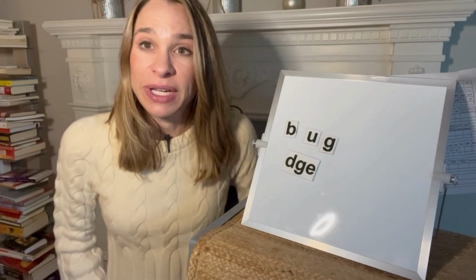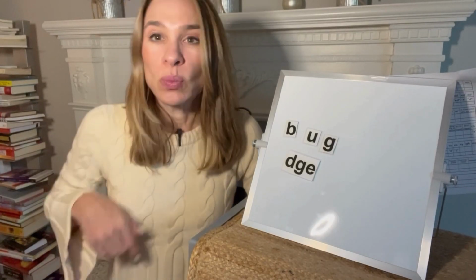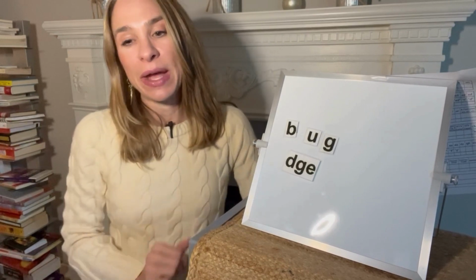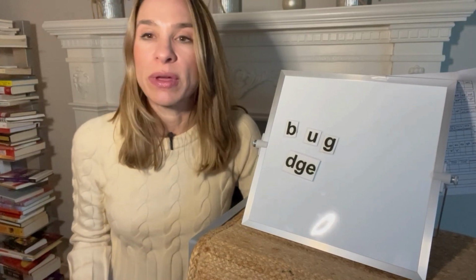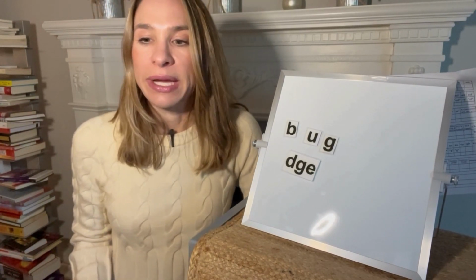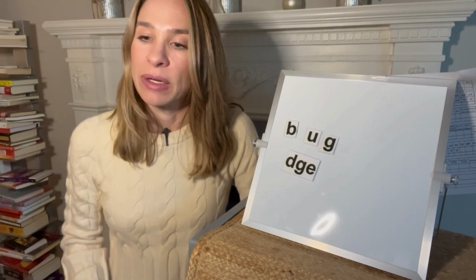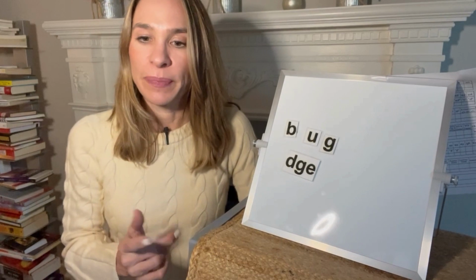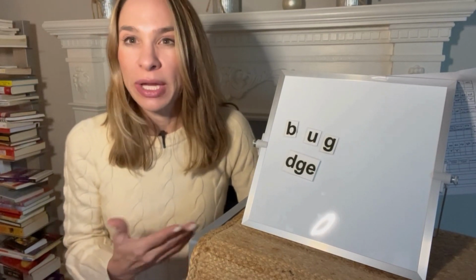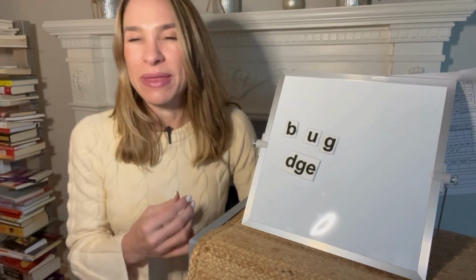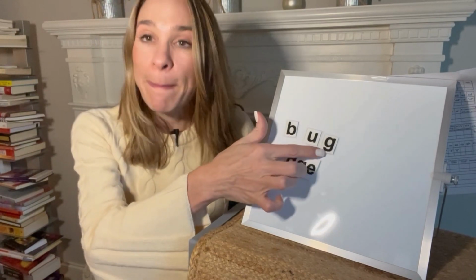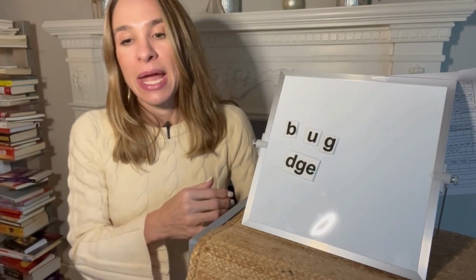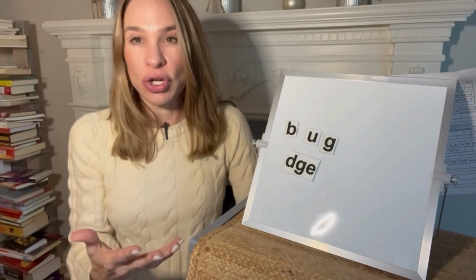Our first activity is tile manipulation. We get our magnetic tiles back out and we provide the student with a base word like budge, and we ask them to form it using tiles, our magnetic letters. Then we discuss the J ending. We mix it up by giving them a word like bug and then saying, how do you add the J sound to that?